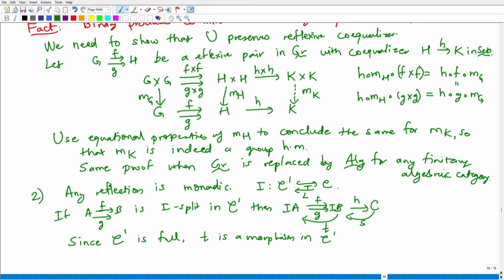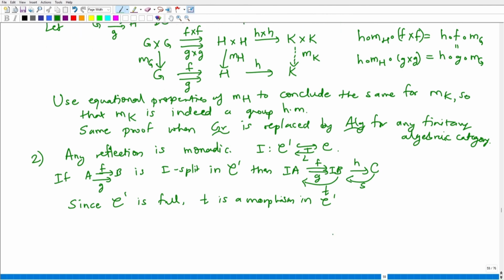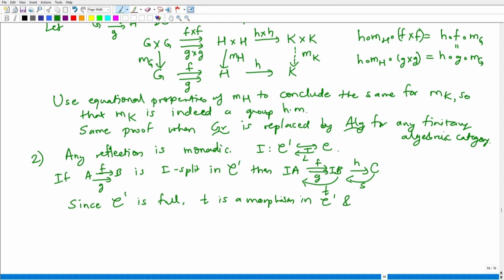Okay, what else? We also have to conclude that object C, capital C, is in C prime. How do we get that? Exactly. So C is the splitting of which one? Which idempotent? SH. Of the idempotent SH, yes, from IB to IB. Okay. Yeah, and hence S is in C prime.